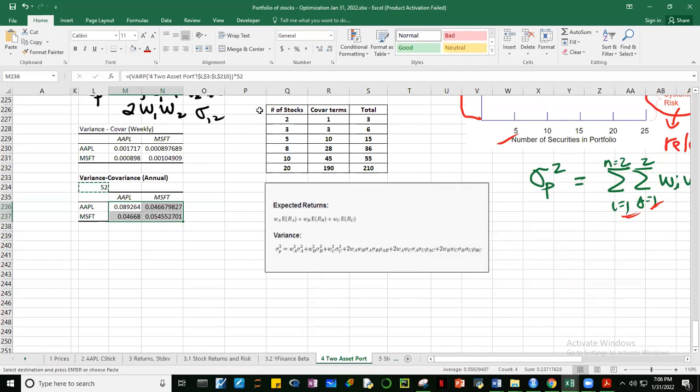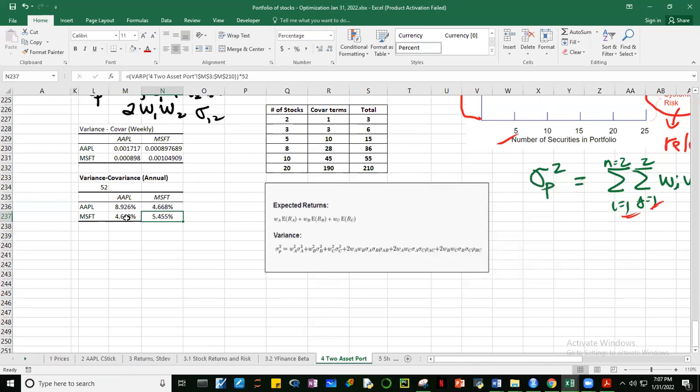Okay. And then let me just format this. Okay, so this is our variance-covariance. The variance of Apple is 8.93%. The variance of Microsoft is 5.46%.